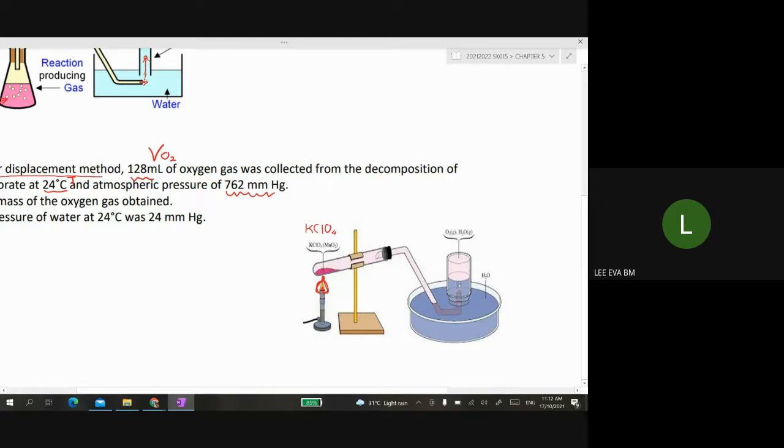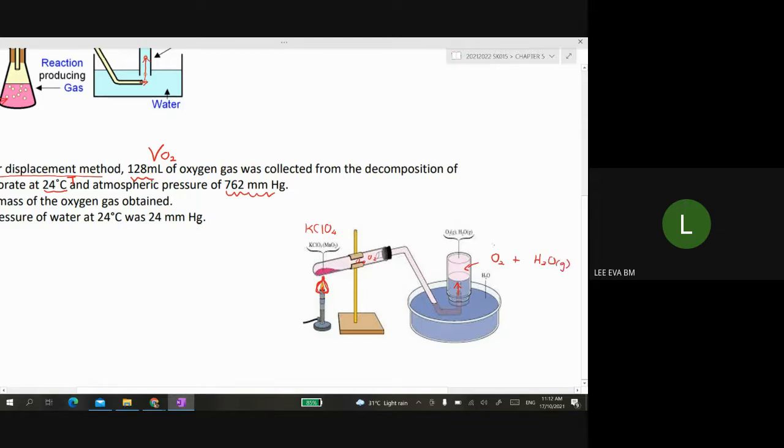This oxygen gas will pass through this delivery tube and then go through the water, and we are collecting inside this space. When it passes by the water, we are collecting your oxygen gas as well as the water vapor.